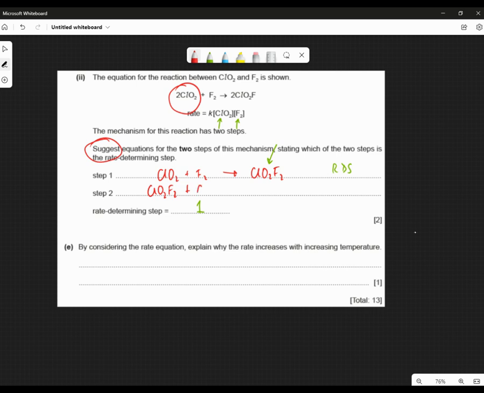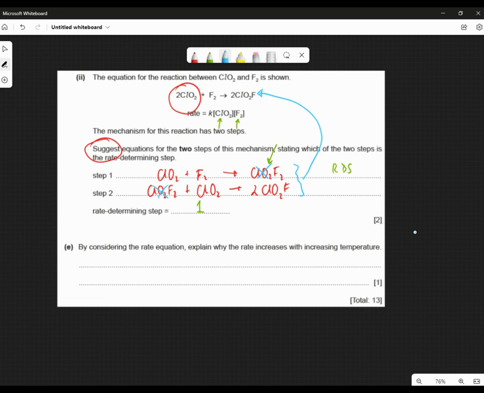So let me use the other one up, ClO2, and now it's got to give the product, doesn't it? 2Cl that. Now there's an F there, and that's F2. Now, why is this an acceptable answer? Well, if you add these two together, this will cancel out with that, and if we add these steps up, you've got to end up with that, and we do.